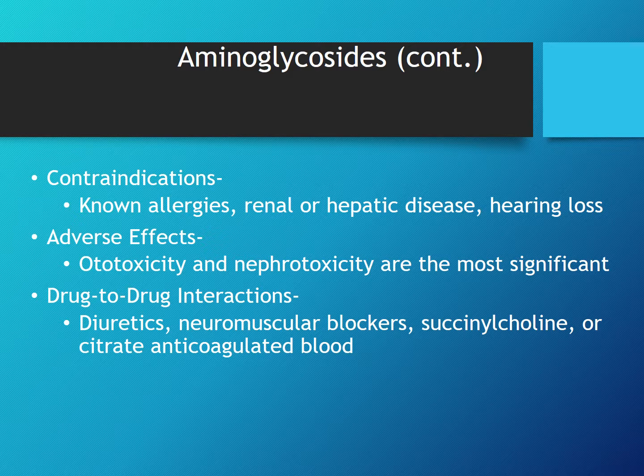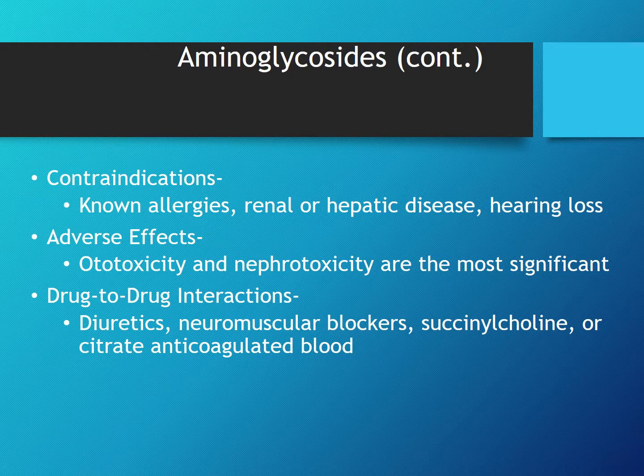There are drug to drug interactions. Aminoglycosides will have some negative interactions with things like diuretics, neuromuscular blockers, succinylcholine, or citrate anticoagulated blood. Also, aminoglycosides are often given in two dosing schedules.